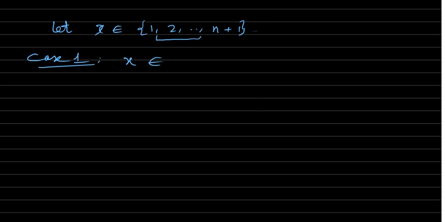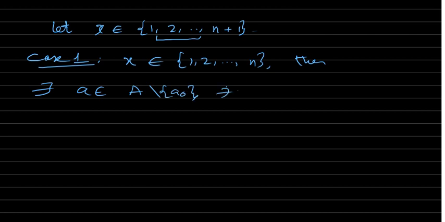So case 1 we can discuss. If x belongs to this set 1 to n, then there exists some a in A minus a naught such that g of a is equal to x, because it is given that g from A minus a naught to the set of first n natural numbers is a bijection.